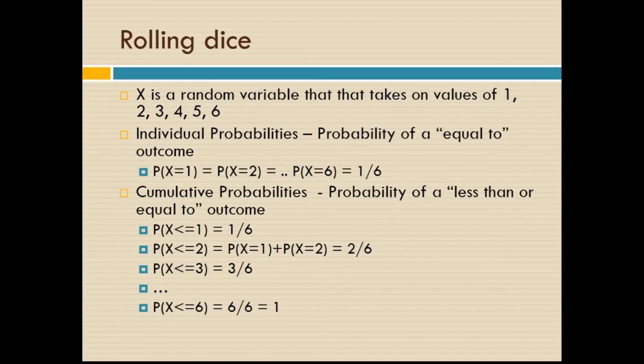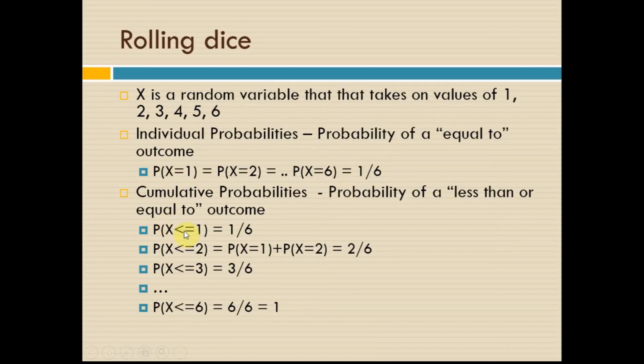I want to introduce another term that shows up on a regular basis, and you need to be familiar with what it means: a cumulative probability. A cumulative probability is again a number between 0 and 1, but it's the probability of getting less than or equal to some outcome. Look at the difference between the probability that x equals 1 and the cumulative probability that x is less than or equal to 1.